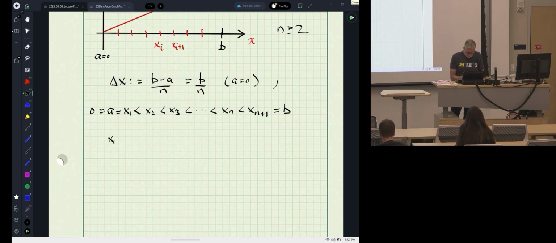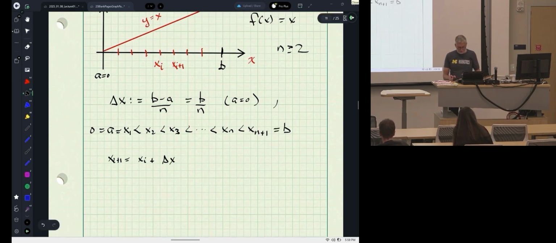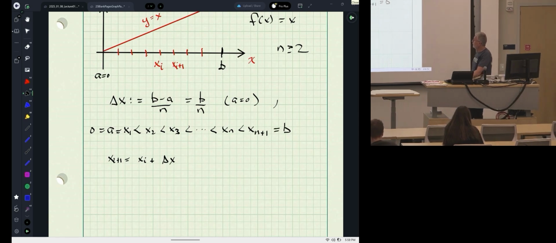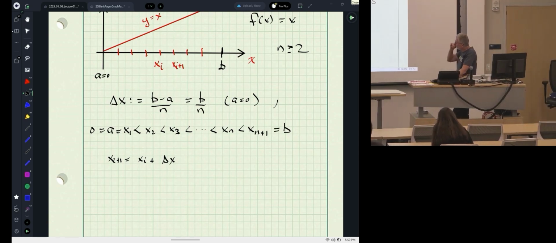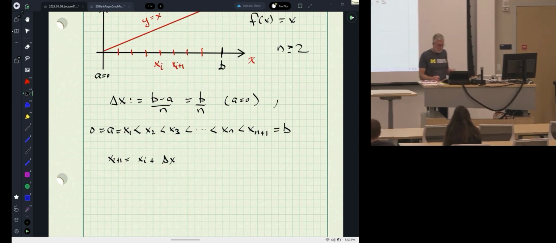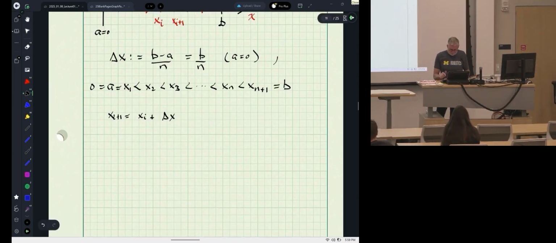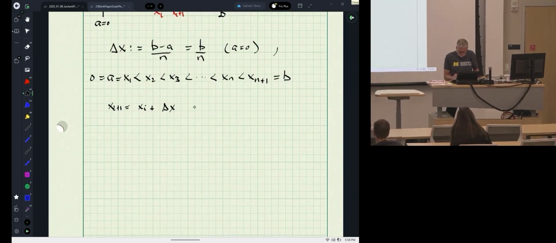And the xi's are defined by x i plus 1 equals xi plus delta x. Okay, so x1 is 0, x2 is delta x, x3 is 2 delta x, x4 is 3 delta x, etc. So xi, you can work this out, it's i minus 1 times delta x.